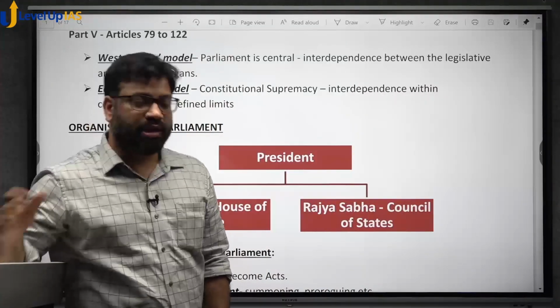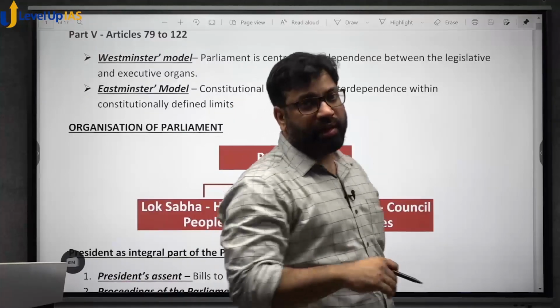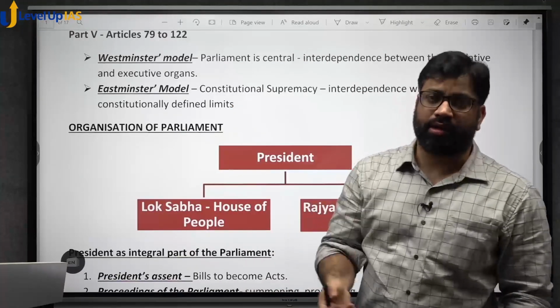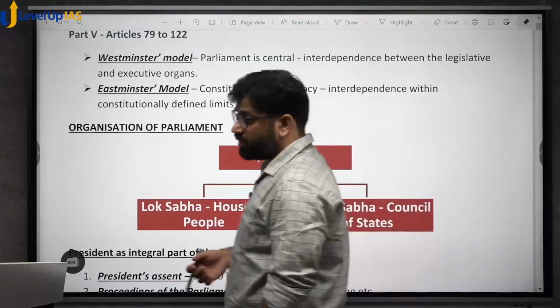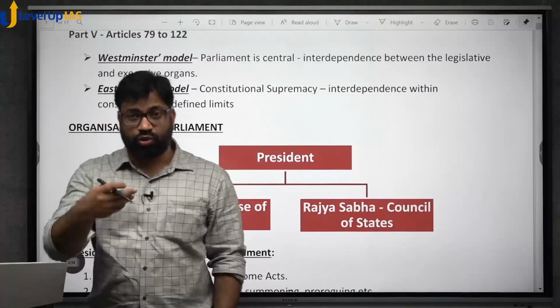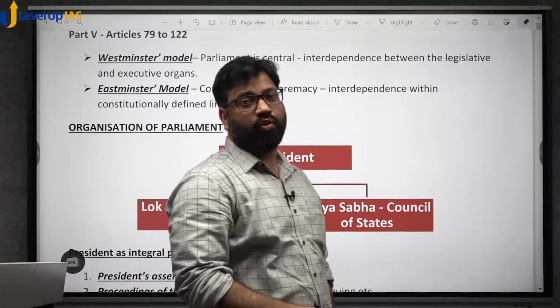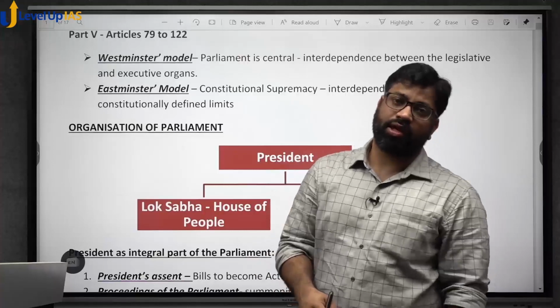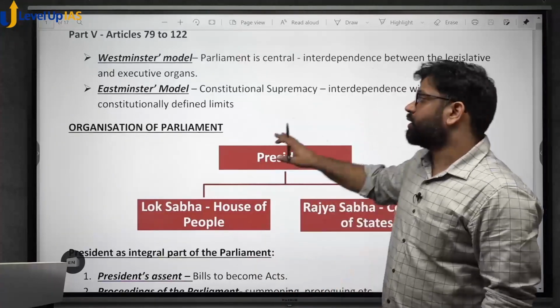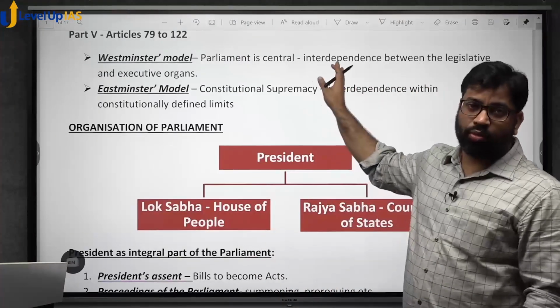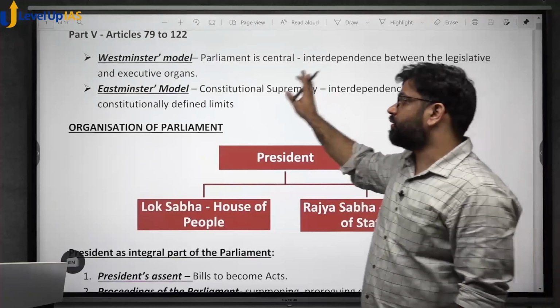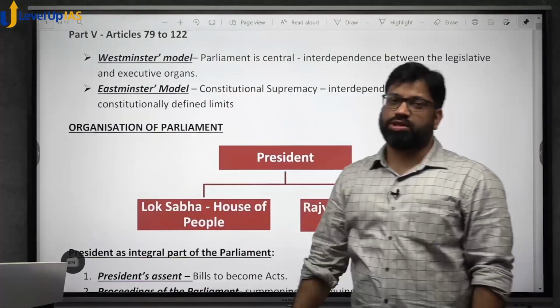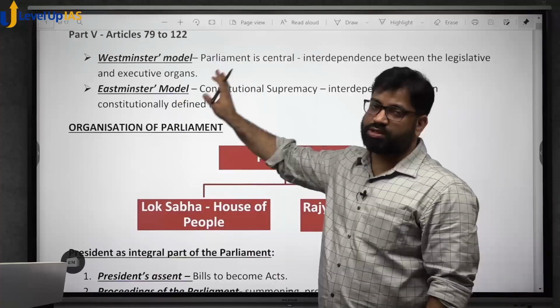Constitutional supremacy limits the power of the government. It is all about limited government. So the work of the executive or the legislature, or in that case the judiciary itself, is limited by the provisions given under the Constitution of India. So everyone is domain-wise independent, as given under the provisions of the Constitution. So that is what the Eastminster model is.